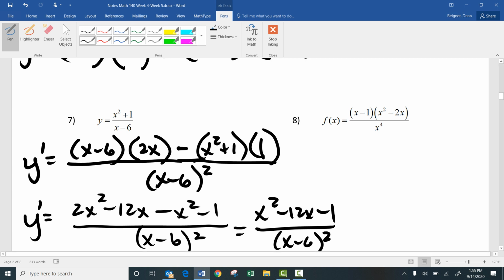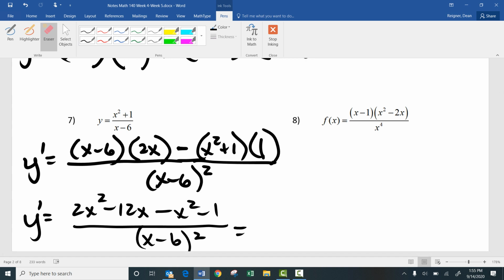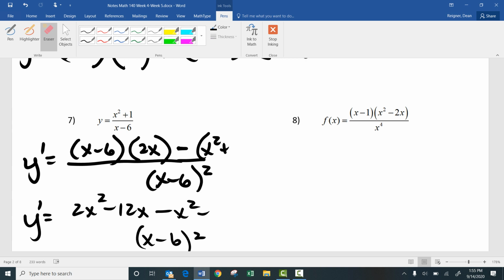Now, number 8, before I would do the quotient rule, because there's another rule, that one you can do two different ways. I should back up. Number 8, you can use the quotient rule and the product rule in the same problem, but that'll get long and cumbersome. So what you want to do for that one is I would multiply that out first before I would do anything.